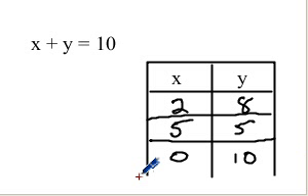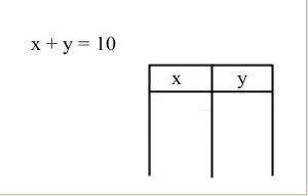In a table of values, you can actually put any values that would fit for that equation. But more often than not, the values are put in some kind of order so that you can see the relationship between the values and so that you can see the pattern. So if I'm going to start this table of values in some kind of order, I might start with 1 and 9.